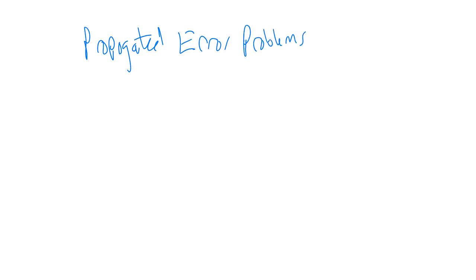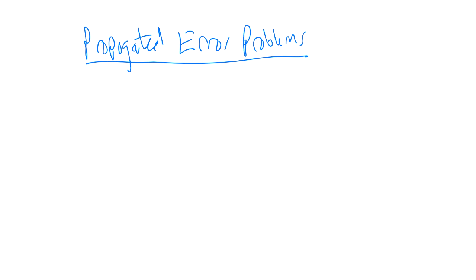Let me explain what we mean by that. We're going to be able to use our differential to approximate a change in y. And what we're going to do is use that to estimate errors that are propagated when you physically measure something, and you're off by a little bit.